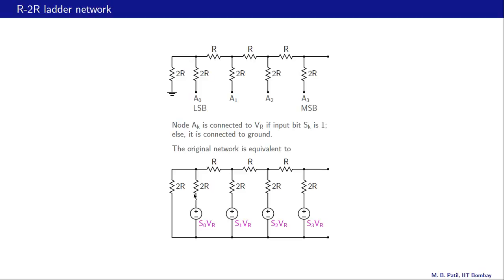The voltage at this A0 with respect to this node is S0 times VR. Now if S0 is 1, then the voltage at A0 is VR, otherwise it is 0. And that is exactly the functionality we had over here. And similarly, we connect a voltage supply S1 VR here, S2 VR here, S3 VR over here.